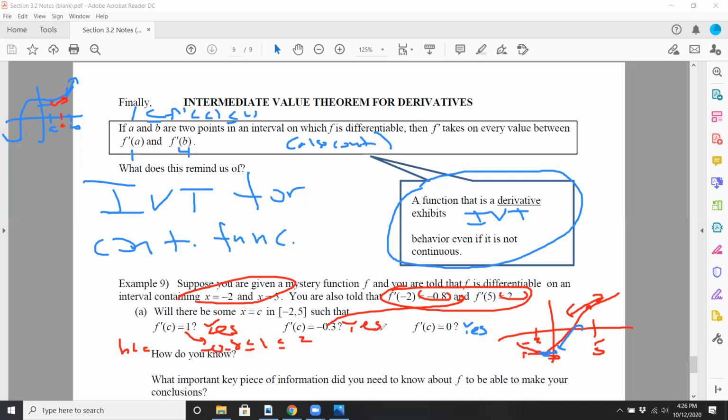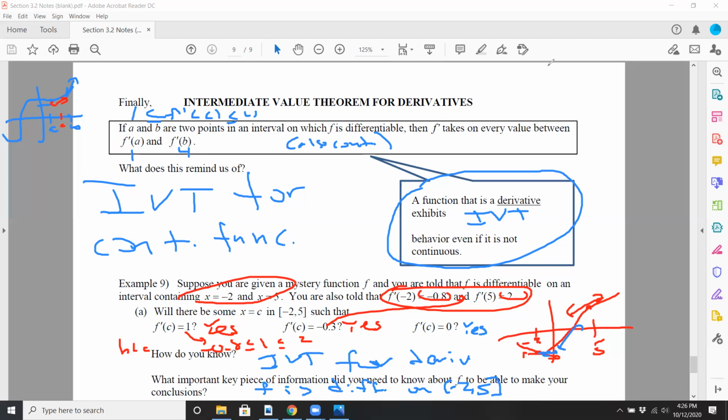And so how do we know again? The IVT for derivatives tells us that. What important key piece of information did you need to know about f to be able to make your conclusions? Well, f had to be differentiable, not just continuous, because continuity doesn't guarantee differentiability, but of course you do need continuity. It has to be differentiable on -2 to 5.